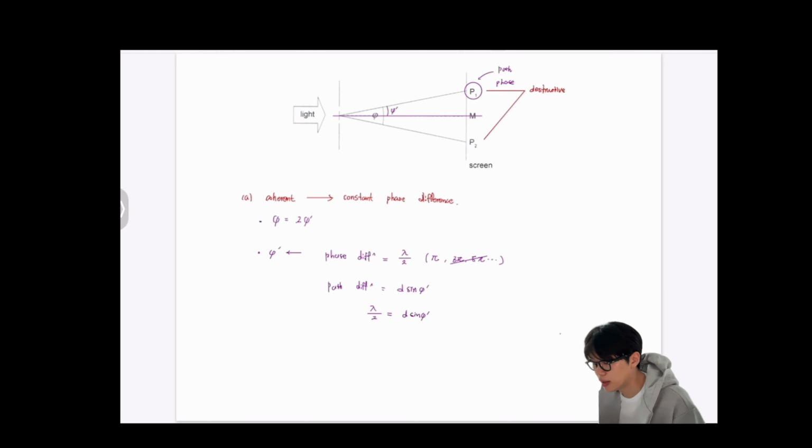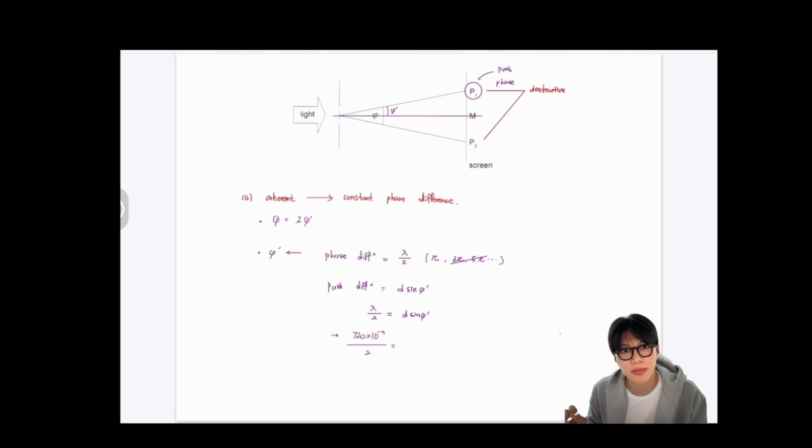So now let's substitute the numbers, because we have lambda as 720 nanometers divided by 2 equals the separation, which is 0.12 millimeter. So 0.12 times 10 to the negative 3 and sine theta prime.